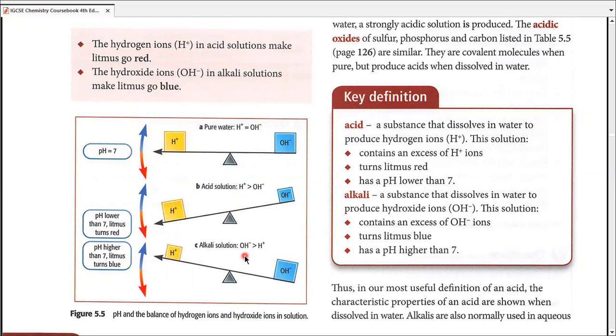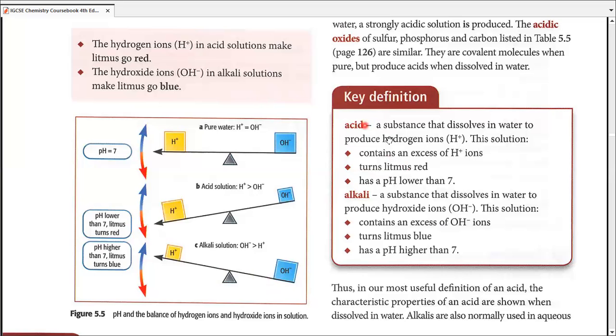Inversely, when the balance goes down in favor of alkaline solutions, we have more hydroxide or OH negative ions. In case of an excess of H positive ions, the pH is lower than 7 and the litmus turns from blue to red. Vice versa, if it goes down in favor of hydroxide ions, the pH is higher than 7 and the litmus paper turns from red to blue.